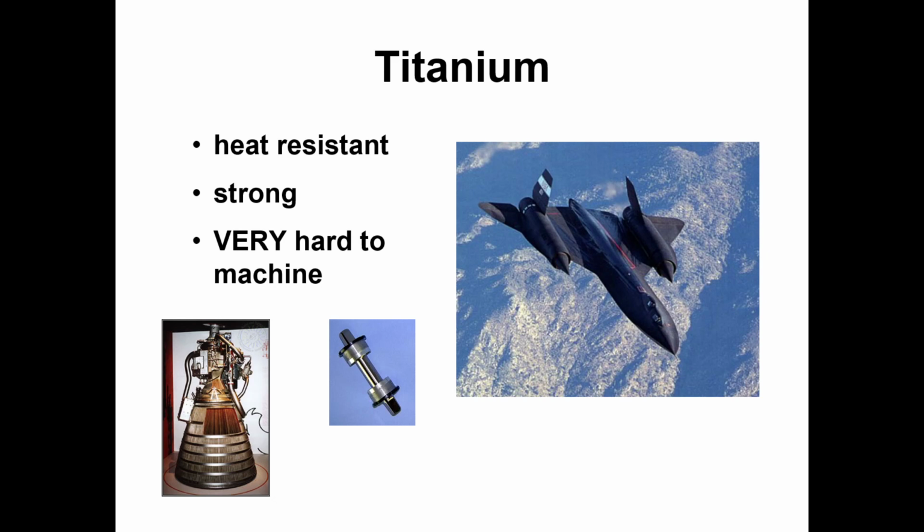So just a little story there. Anyway, titanium is also used in jet engines, and I think the middle picture here is a bicycle axle, which needs to be strong if you're a big guy on a bike.